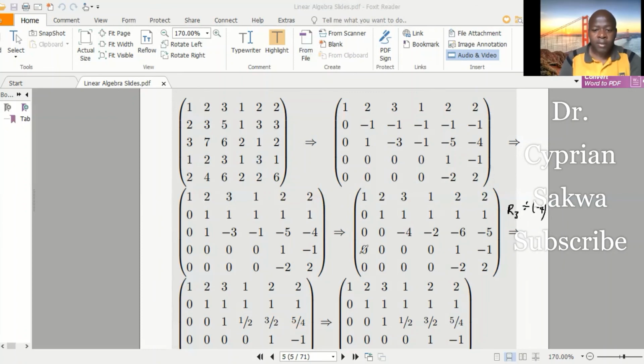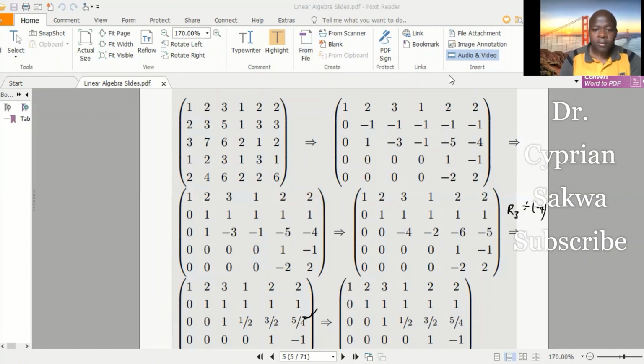So when that happens, this becomes 1, this becomes a half, this becomes 3/2, and this becomes 5/4. And that's what we are seeing here.